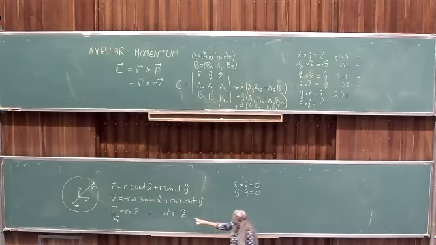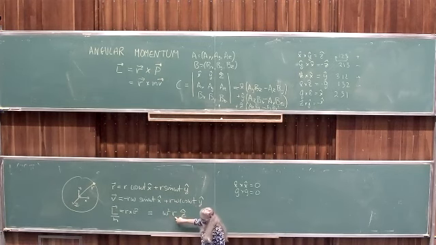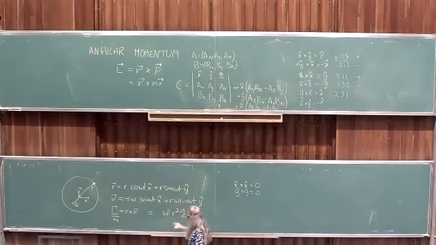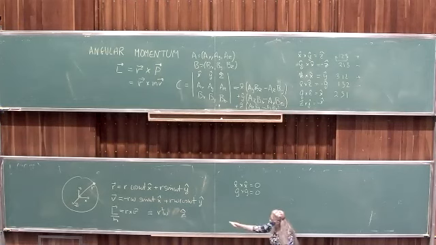Okay, and this you can recognize. That's not right. It's r squared omega. There's a single omega, but you get an r from each term. So it's r squared omega, and this you should recognize as r times v theta.